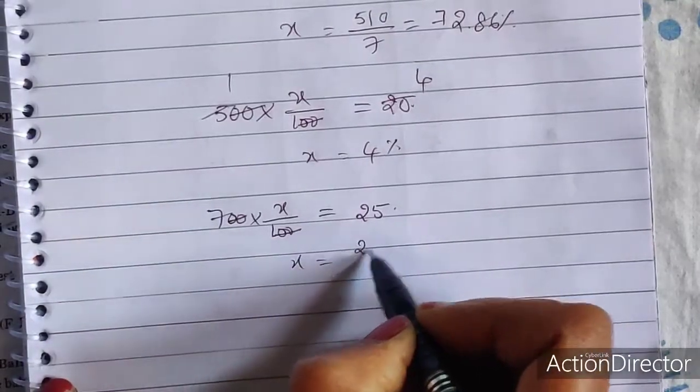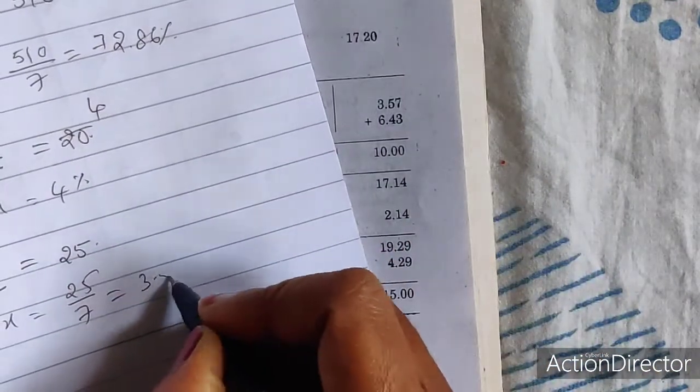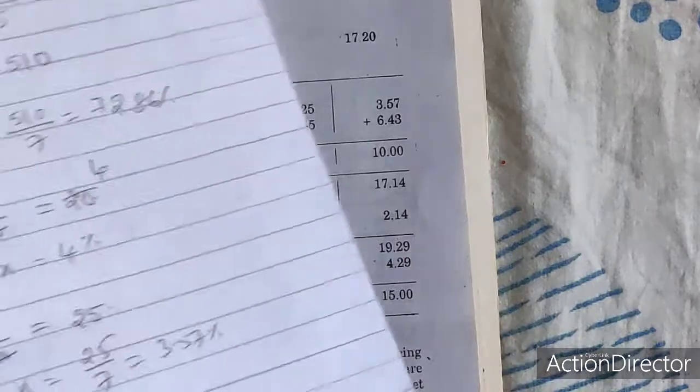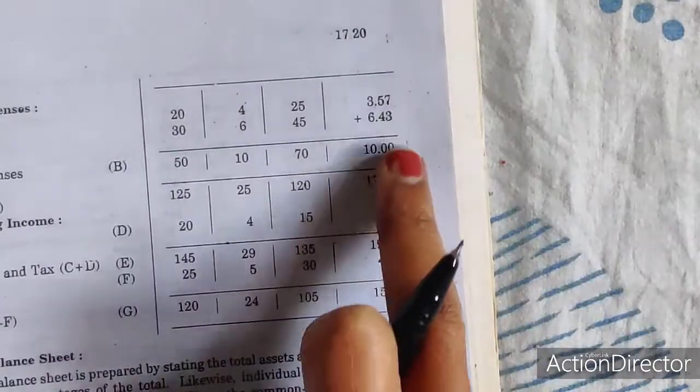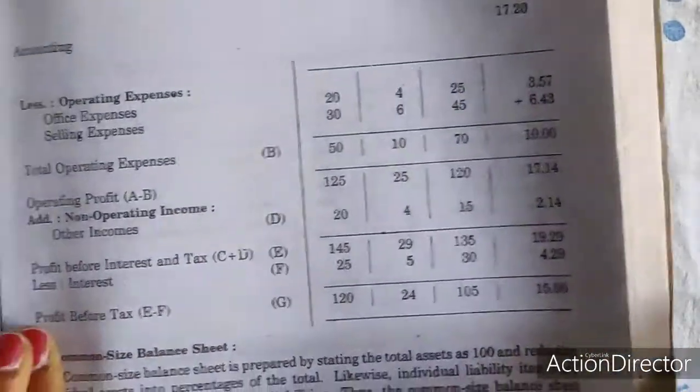So x is equal to 25 by 7, which gives us 3.57%. In the same way, we have to calculate all the other expenses also, selling expenses.